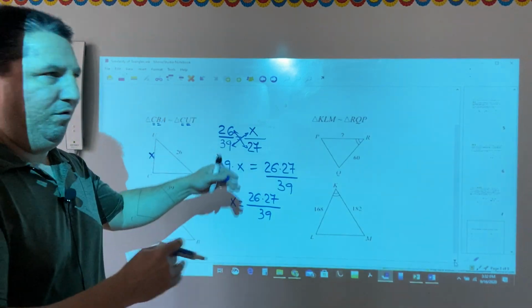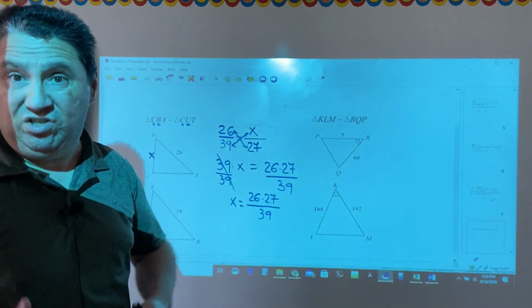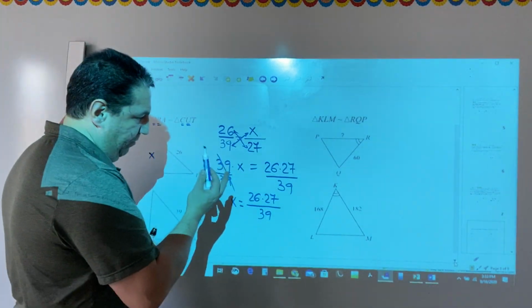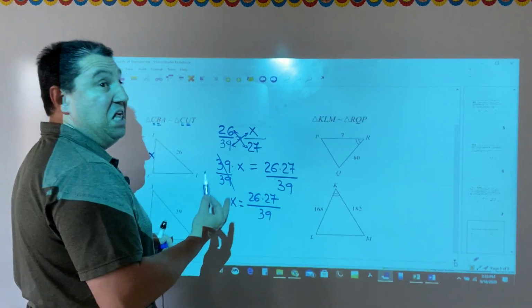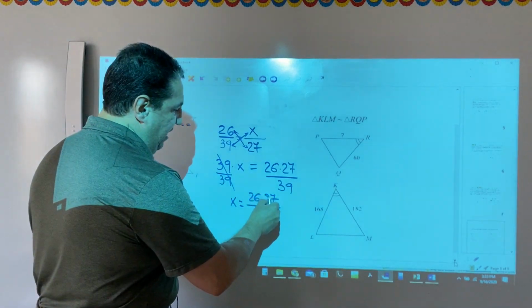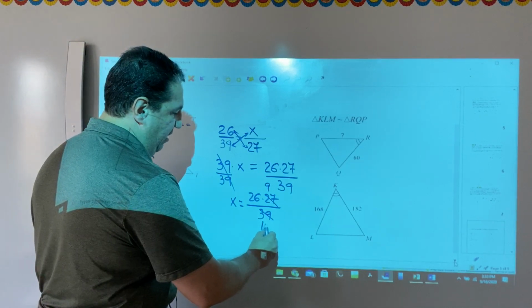It's hard to figure out how much that is, but we can simplify this fraction to make our computations easier. Now, 27 and 39 have 3 as a common factor. So, if you divide 27 by 3, you get 9. If you divide 39 by 3, you get 13.